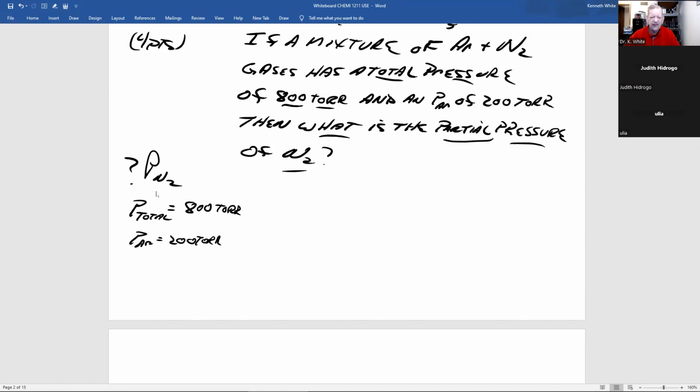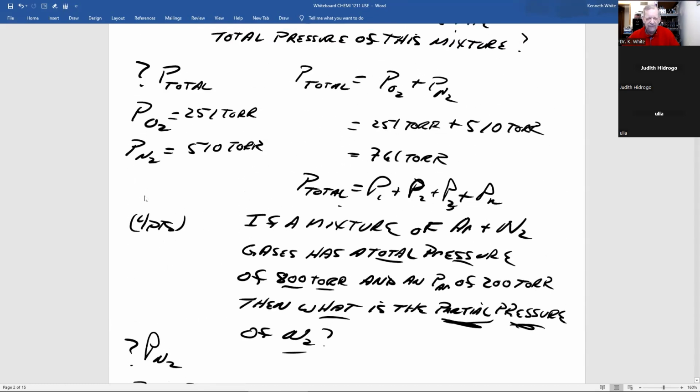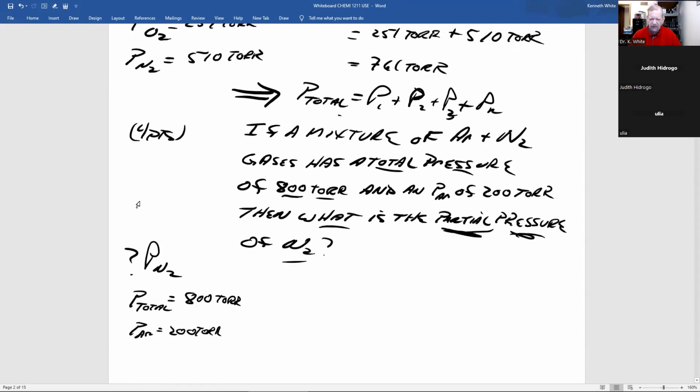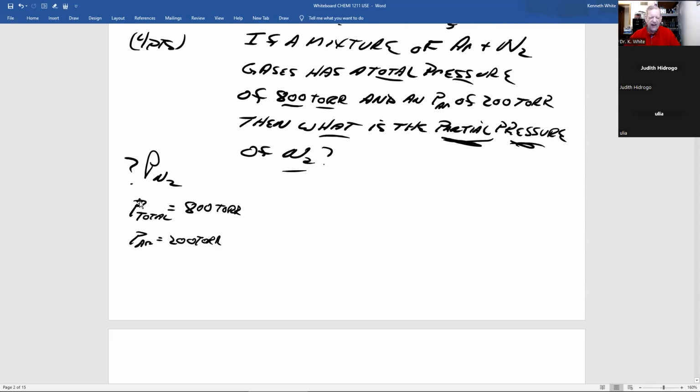Now, as soon as you see the word partial and the word pressure, you should think of Dalton's law of partial pressures. The total pressure equals the sum of the partial pressures. In this case, P total equals partial pressure of nitrogen plus the partial pressure of argon.